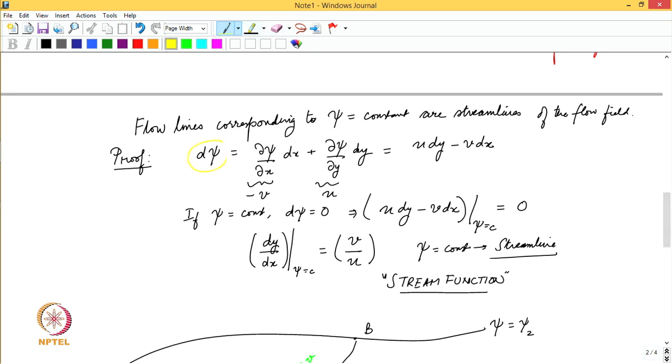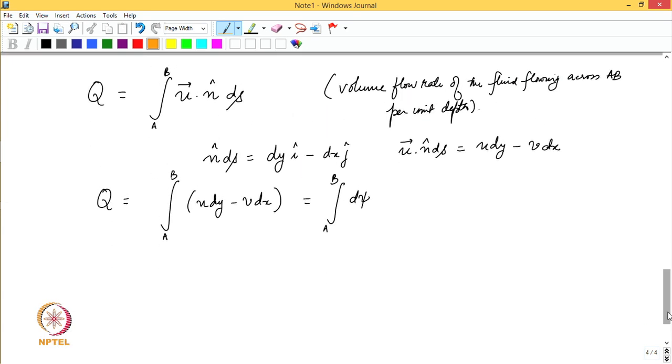So, if you see this, this is what we are using now. So, we are using this definition of d psi. So, we can plug this in, and then we know that it is a total change in psi.